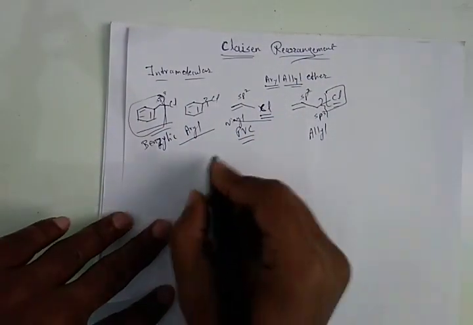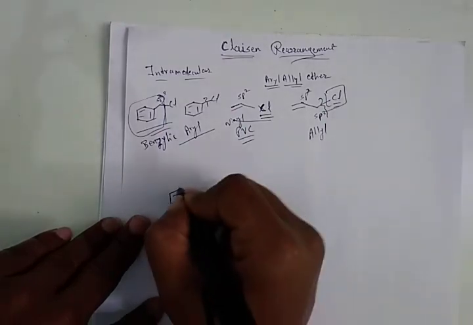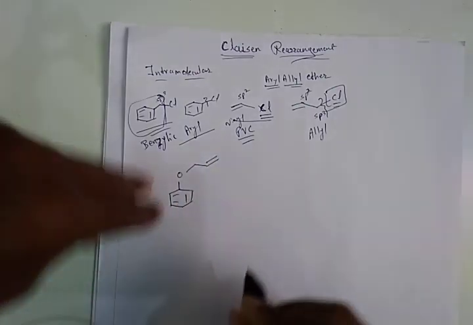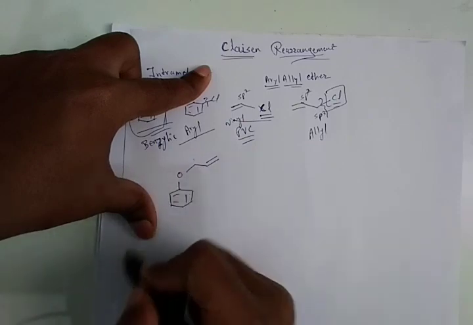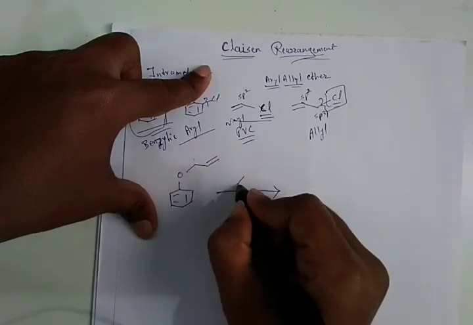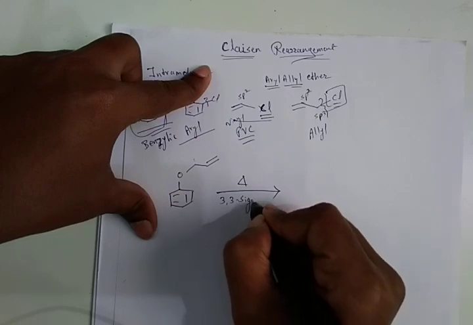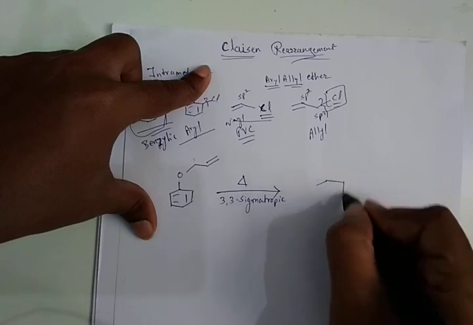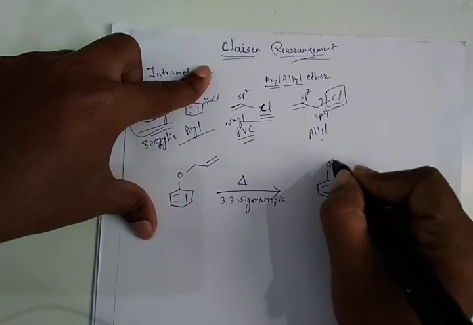Now what kind of substrate are we going to need for this reaction? You can see here you have an allyl one and here you have an aryl one. Basically this kind of compound on heat undergoes a 3-3 sigmatropic shift, also known as sigmatropic rearrangement, to give you something like this, with OH.